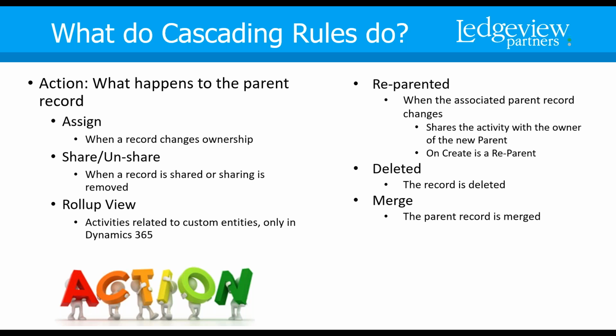When a record changes ownership on the parent record, do that same thing to the child's record. So change assignment. Share or unshare. If the parent record is shared or unshared, do the same thing to the child record.